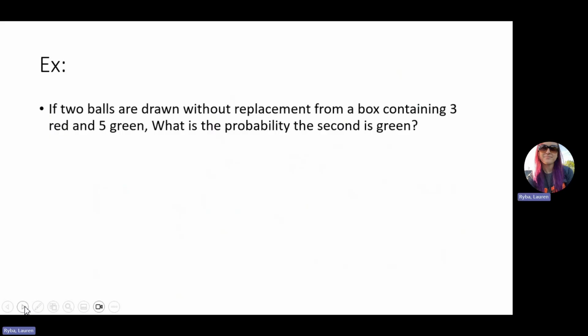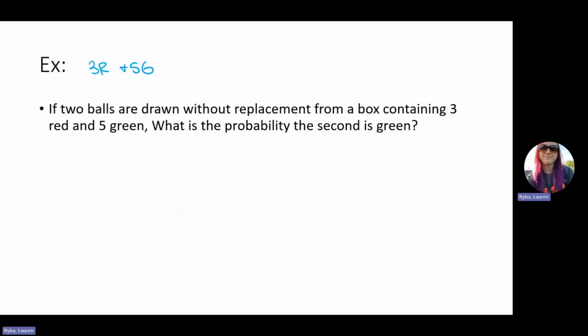We are going to have a box that now has 3 red and 5 green balls. If 2 of them are going to be drawn without replacing, we want to find the probability the second is green. I have 3 red, 5 green.